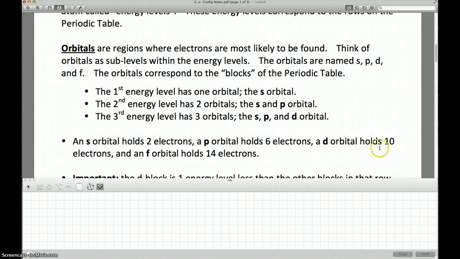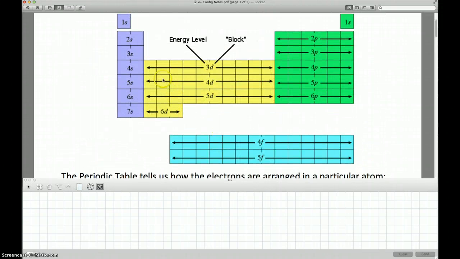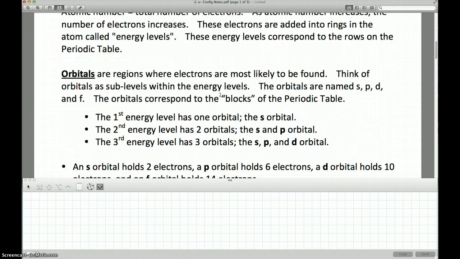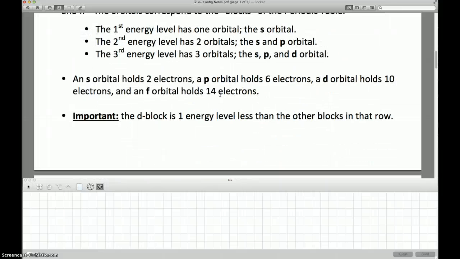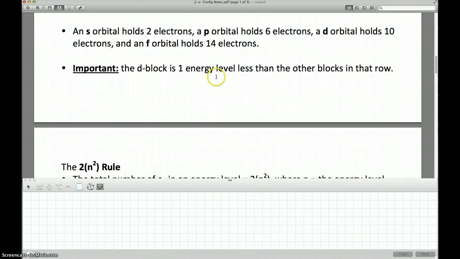And d orbital holds 10. And if we count the d block, there are 1, 2, 3, 4, 5, 6, 7, 8, 9, 10 boxes. So again, those places on the periodic table correspond to the number of electrons that particular atom has and how they're arranged. We'll come back to that.